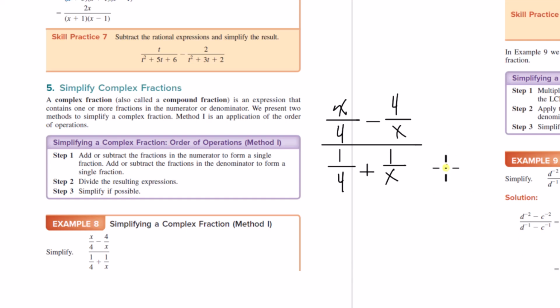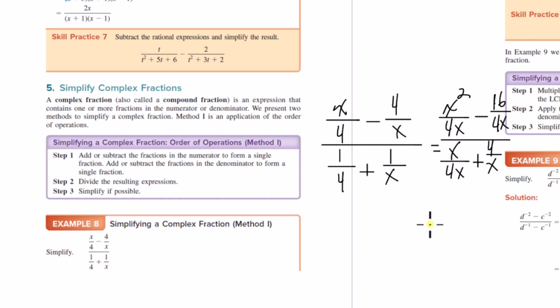Okay, let's see. If we multiply this by x over x and this by 4 over 4, and then multiply this by x over x and this by 4 over 4, then what do we get?